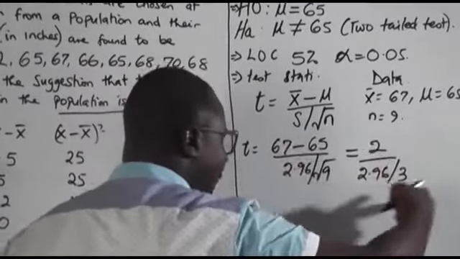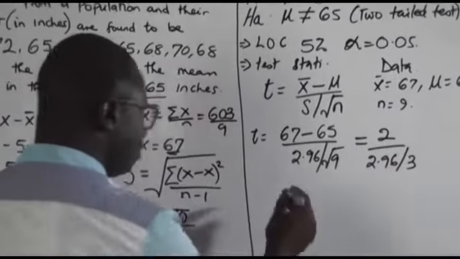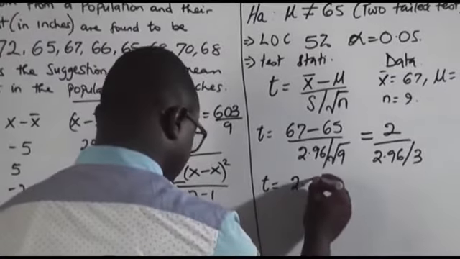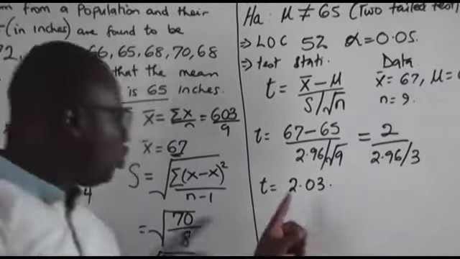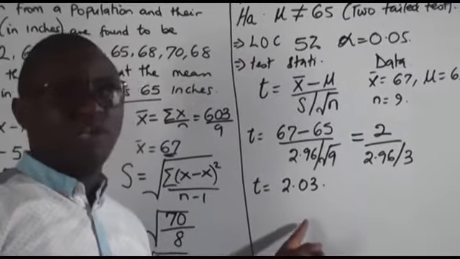And when you punch everything on your calculator, your T is going to give you 2.03. So that is your calculated T value.